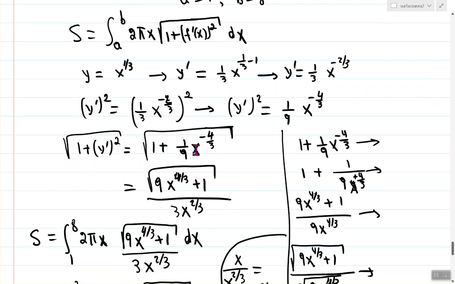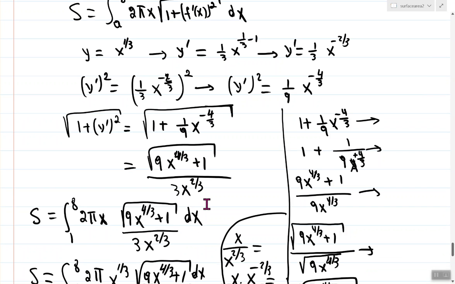So since we have this, you find the common denominator and change the exponent from negative to positive, and you end up with square root of 9 times x raised to 4 over 3 plus 1, all divided by 3x to 2/3.